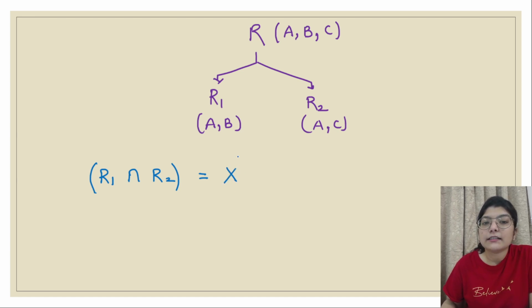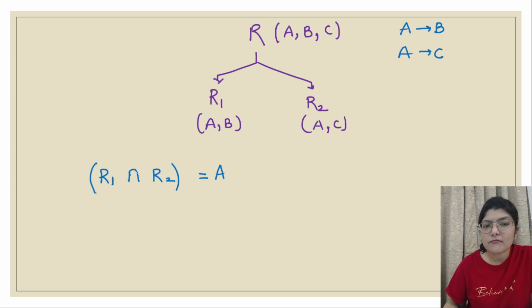Okay, so this X must be the candidate key in any of the particular relations. What I'm saying, if we take this example, what is the common attribute over here? The common attribute is A. Obviously, in every relation, we must be having certain functional dependencies, right or not? Yes, we will be having certain functional dependencies. So what we have to keep in mind is that when we combine R1 and R2, whatever will be the common attribute, this common attribute has to be a candidate key.